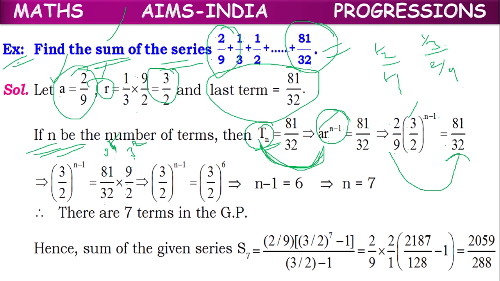We can write it as 3 to the power of 6. And 32 means 2 power 5, and 2 power 1. We can write this product as 3 power 6 by 2 power 6. Since the power of 6 is common, we can write it as (3 by 2) whole power 6.